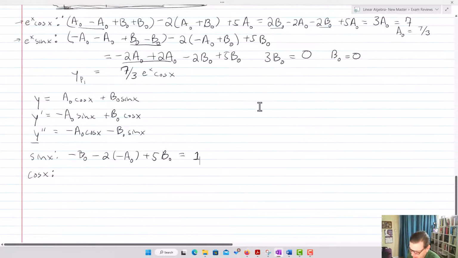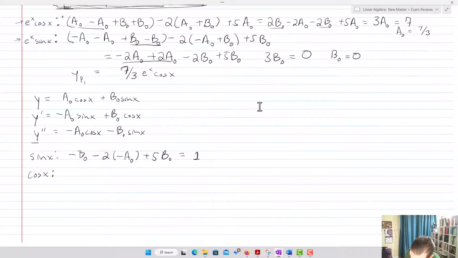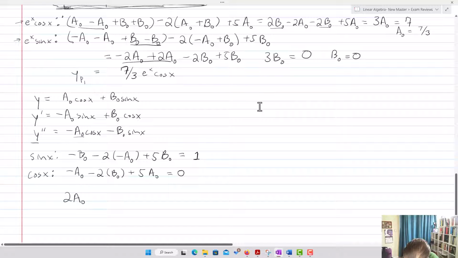So that equals 1 for my sine x's. And now my cosine x's, I'm going to get negative a naught minus 2 times b naught plus 5 times a naught, and that's going to equal 0. So this then gives me 2a naught plus 4b naught equals 1, and then 4a naught minus 2b naught equals 0.